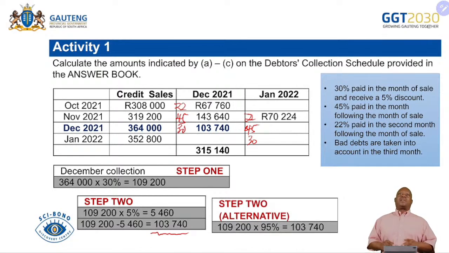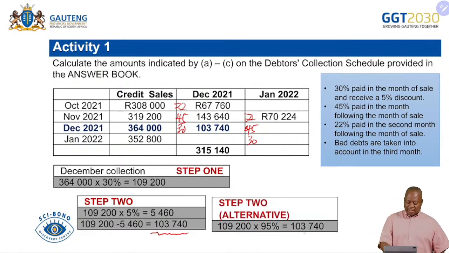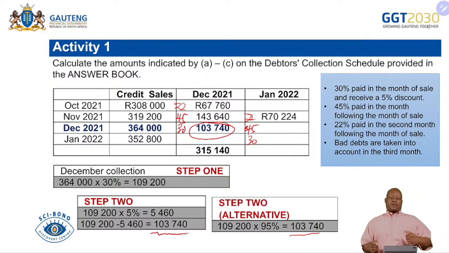So we can just say times 95%, and then we are going to get 103,740. So this is the figure that we are going to take as the collection in December, for December, which is the collection in the month of sale.